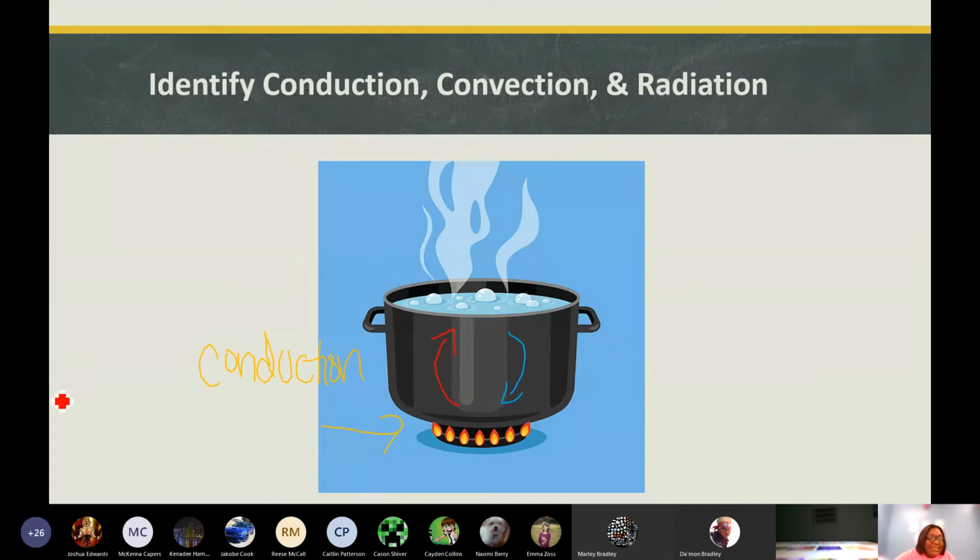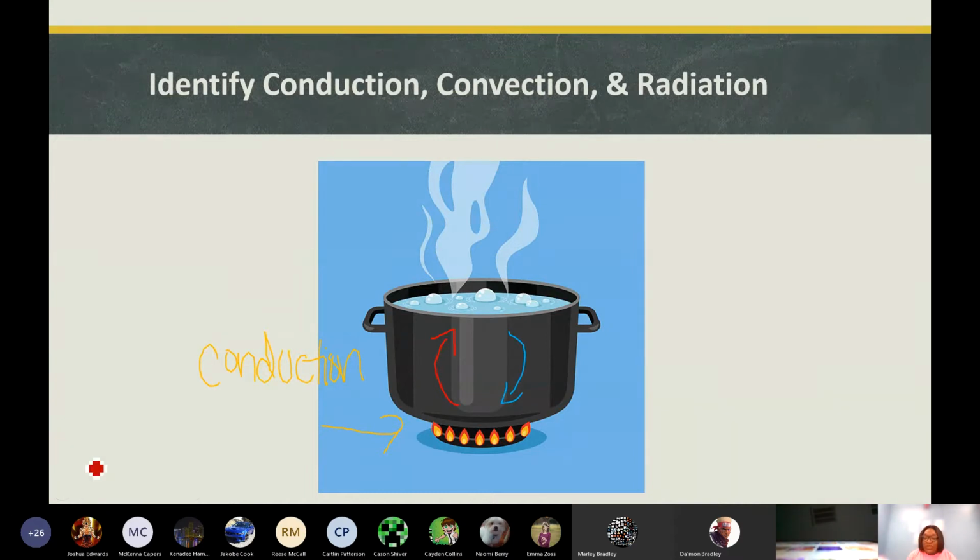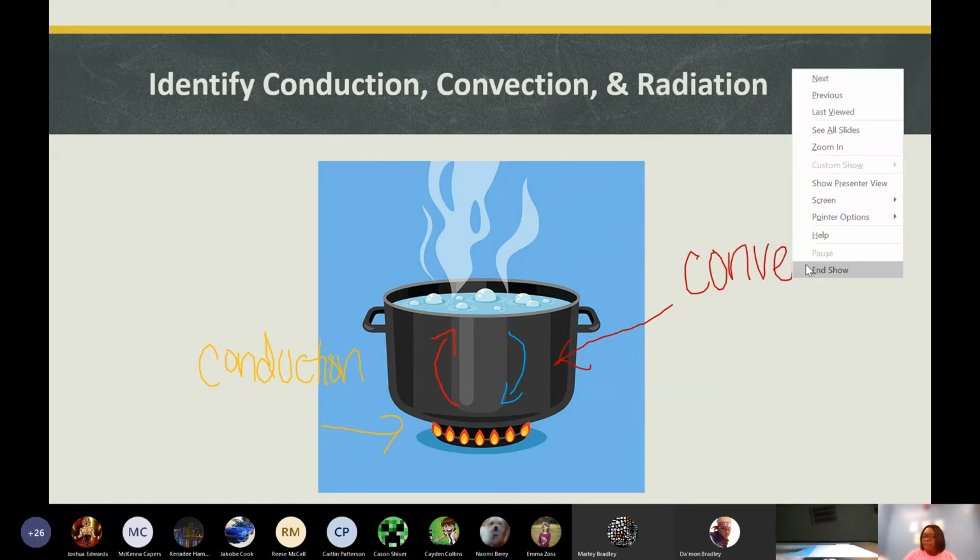Guys, this is an example of convection, circulating heat. What's happening inside that pot is convection.